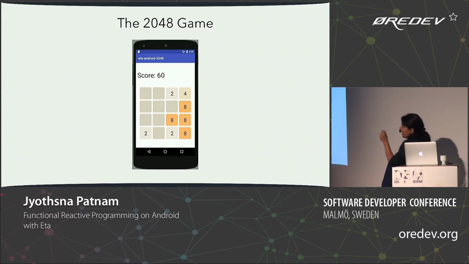The tiles have to match with each other so that they can combine to form a new tile, say 2 and 2 combine to give you 4. The objective is to eventually make a tile with the number 2048.